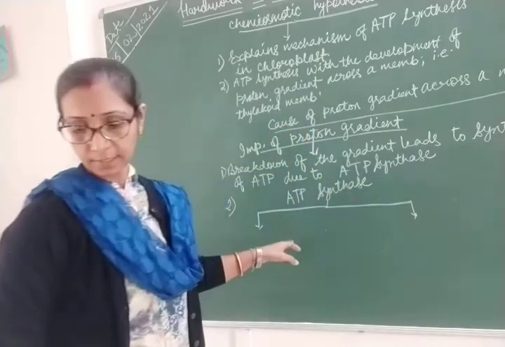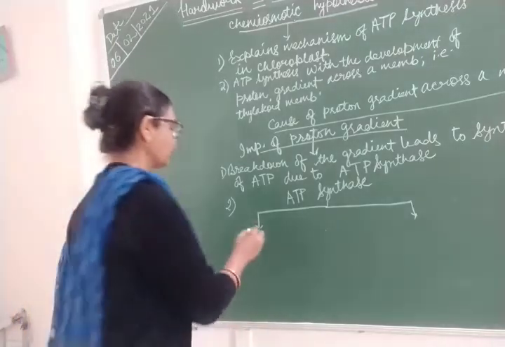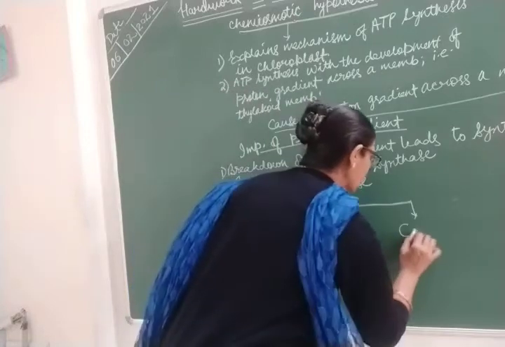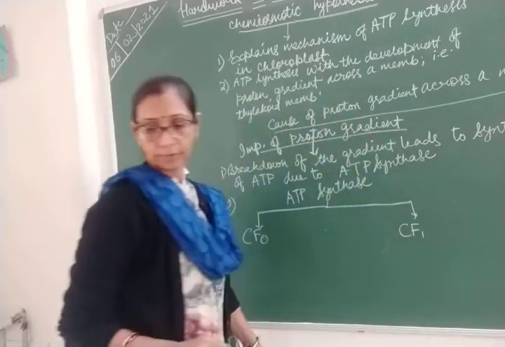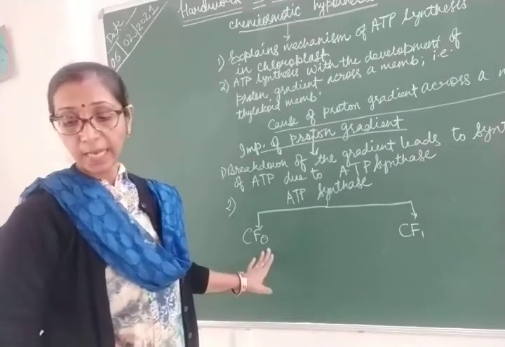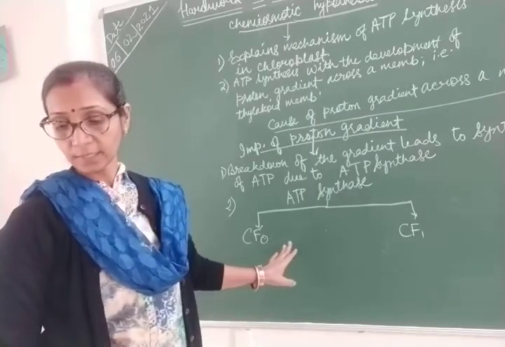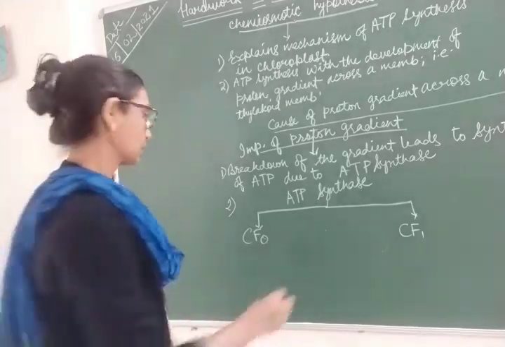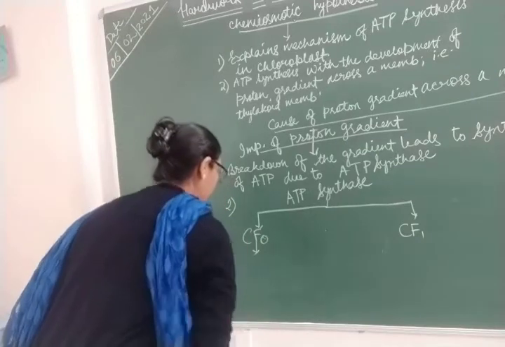So the ATP synthetase has been divided into two parts, CF0 and CF1. Now this CF0 carries out facilitated diffusion of protons across the membrane.